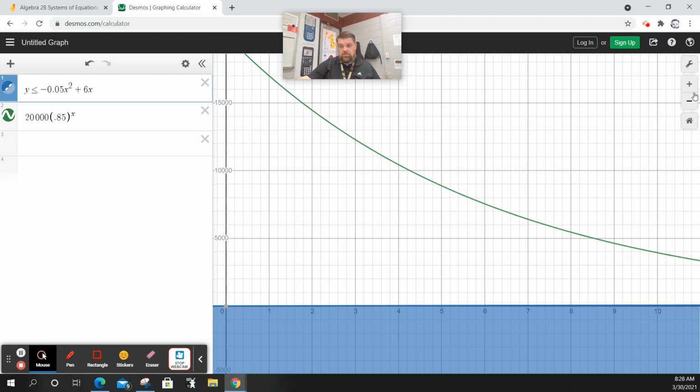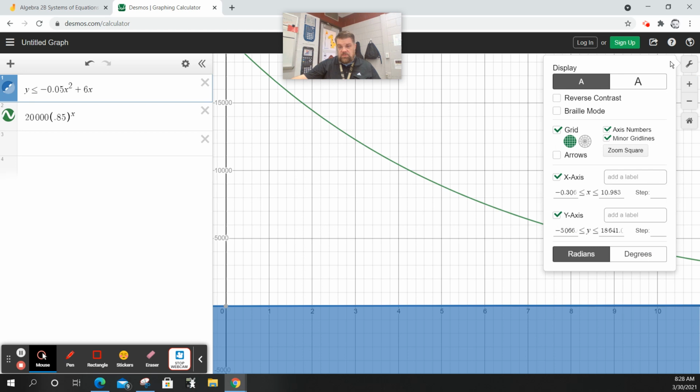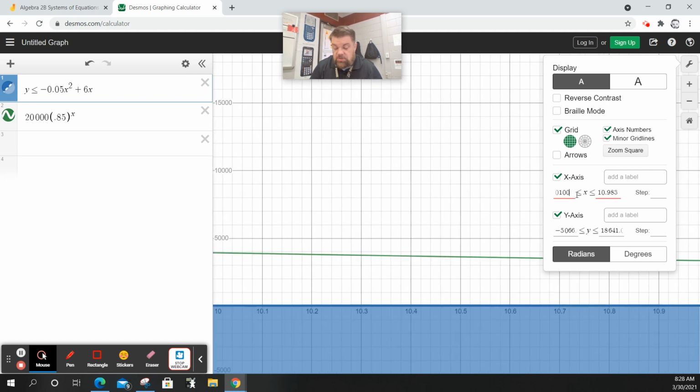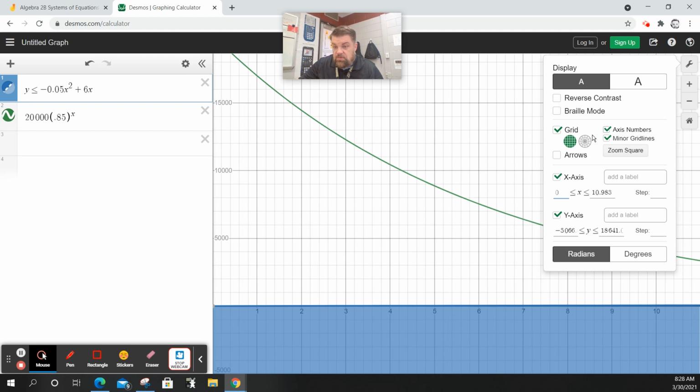Let's just do a standard window. On my x, because x represents the sandwiches, I'm going to say 0 to, I don't know, 100 sandwiches.